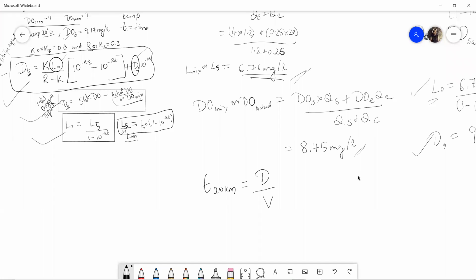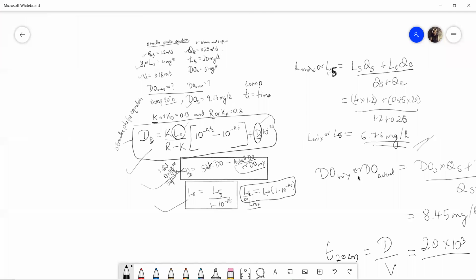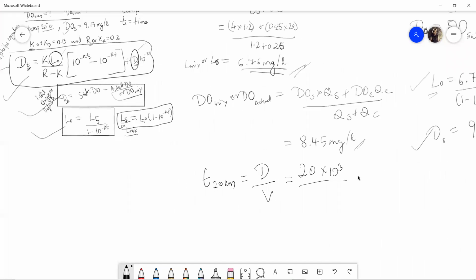You know this formula. So we have to find the time for 20 kilometer distance. That is 20 kilometers, so we are converting into meters, that is 10 to the power 3. Velocity of stream is given in the question, 0.18 meter per second. So 20 into 10 to the power 3 meters divided by 0.18 meter per second. So you will get time in seconds.